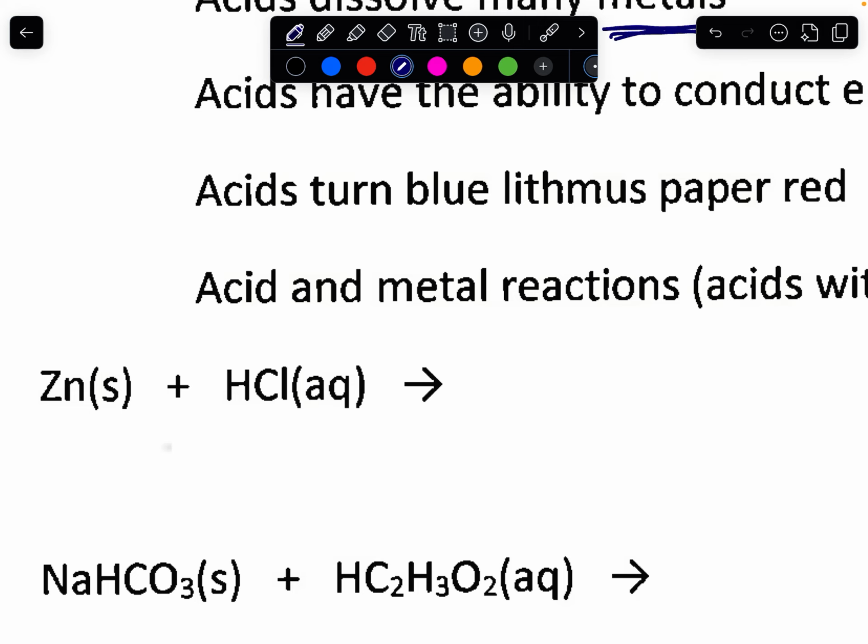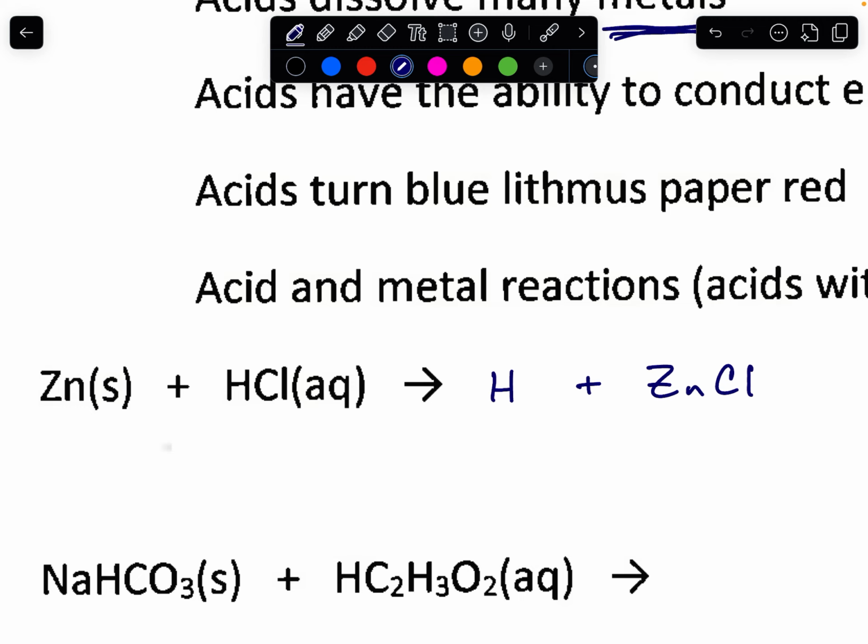This is a single replacement reaction. Hydrogen, it's hanging out with the metals over there on the periodic table, so it will behave like a metal in this case. Zinc is going to displace the hydrogen, so hydrogen comes out by itself. I'm going to put zinc with the chlorine.